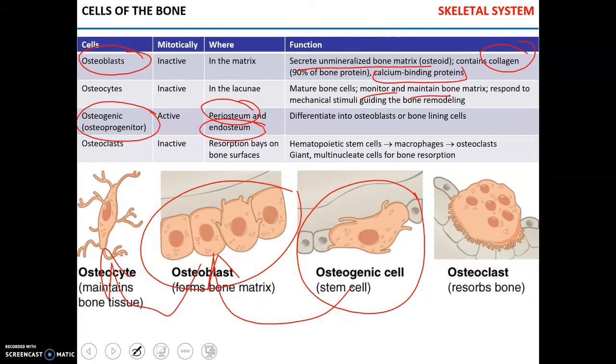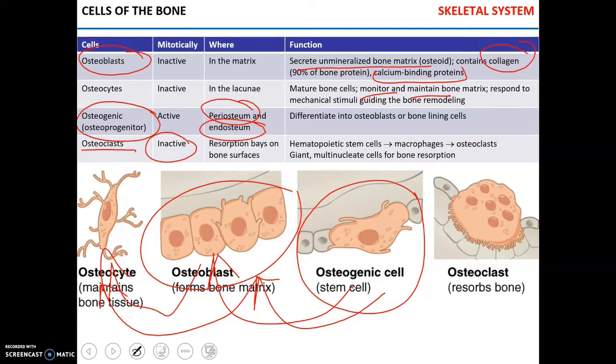Now, you may have noticed that osteogenic cells, osteoblasts, and osteocytes represent somewhat of the same kin of bone cells. Osteoblasts are derived from osteogenic cells, and osteocytes are derived from osteoblasts. Unlike these 3 types, osteoclasts, which are another type of mitotically inactive, non-dividing cells, belong to a completely different cellular lineage.